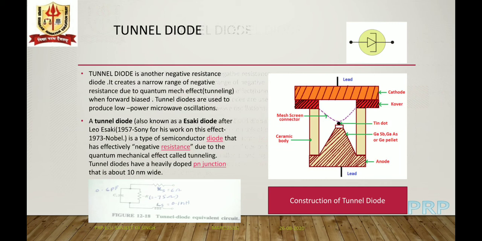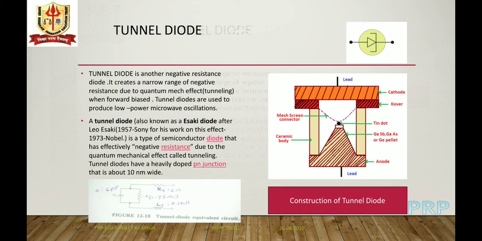The pellet is then soldered to a cover pedestal. Down here the hashed portion is the pedestal over which it is placed, which is used for heat dissipation. The pedestal also forms the anode contact.